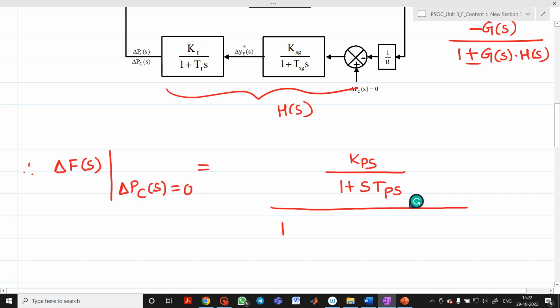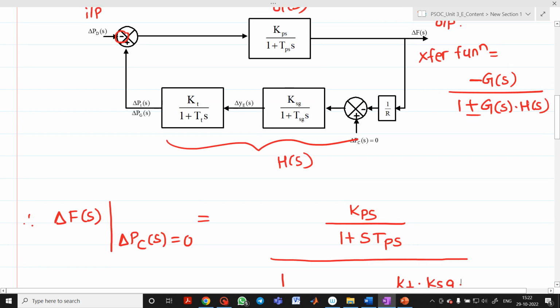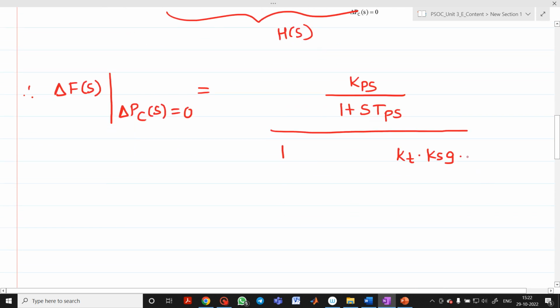If you see this Kt, Kg, 1 by R, so G(s) into H(s), I will write it as Kt into Ksg. Then G(s) is what? Kps upon 1 plus Tps. So I will write it as Kps divided by R, whole divided by 1 plus s into Tsg, 1 plus s into Tt.